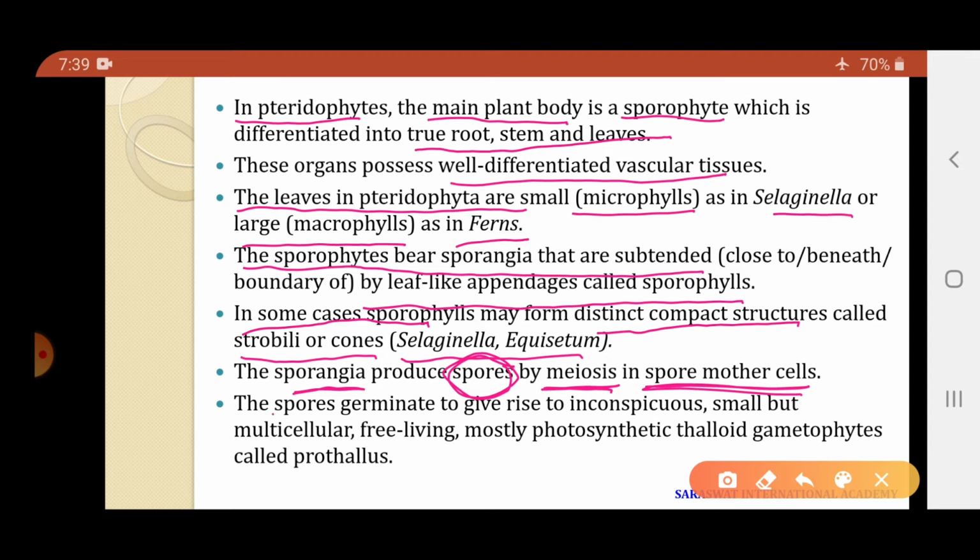This sporangia consists of the spore mother cells, and these spore mother cells, by the process of meiosis, develop the spores. Now, these spores then germinate and give rise to inconspicuous, small but multicellular, free-living, mostly photosynthetic thalloid gametophyte, which is called as the prothallus. See students, here what is happening? यहाँ पे मेन प्लांट बॉडी स्पोरोफाइट है. स्पोरोफाइट bears the sporophylls.